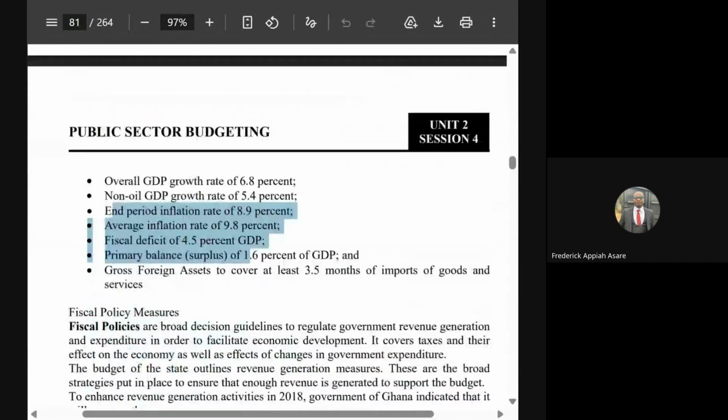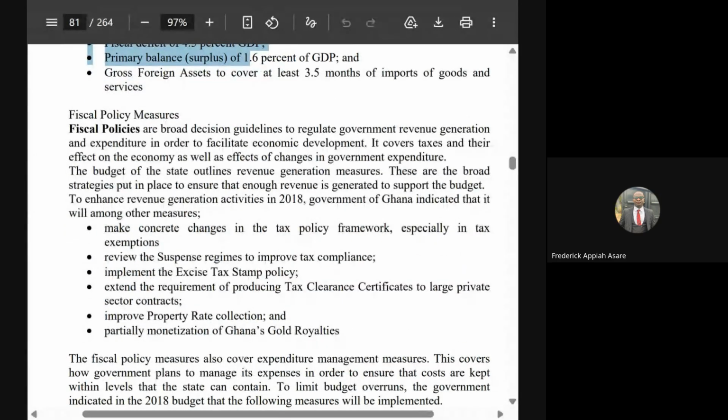That was what the 2018 budget gave us. Then when they are done, they will talk about the fiscal policy measures. When you say fiscal policy, it's just about how the government generates money and how they spend it. So here in 2018, they said that they will make concrete changes in the tax policies.